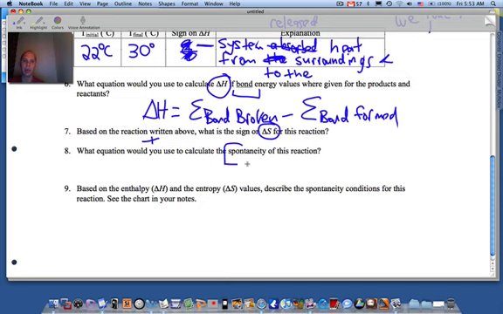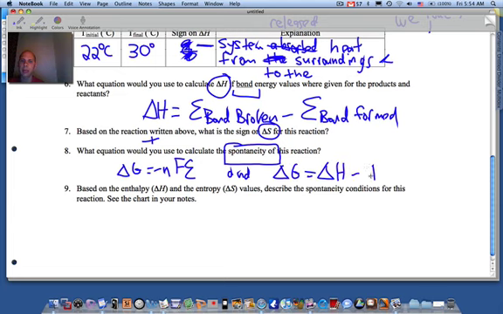What equation would we use to calculate spontaneity? Well, we have two equations so far. We have our electrochemistry equation, and we have our thermodynamics equation. And this is the one that we are going to be using. Common sense tells us that we had a delta S here, we had a delta H up here.